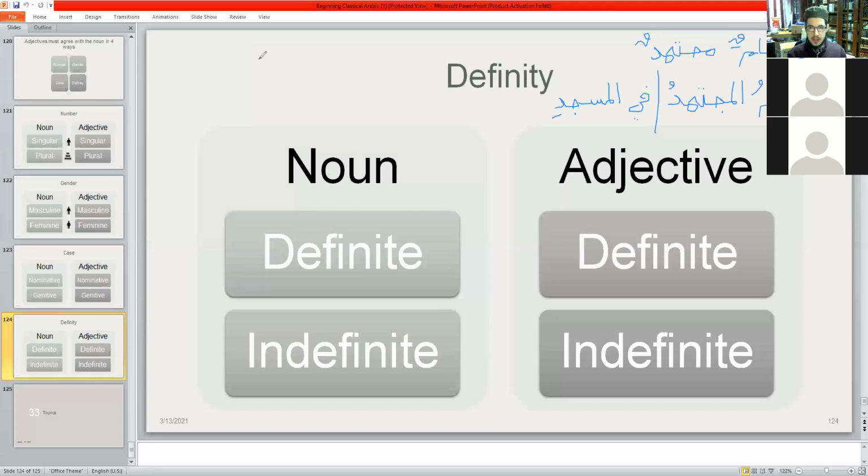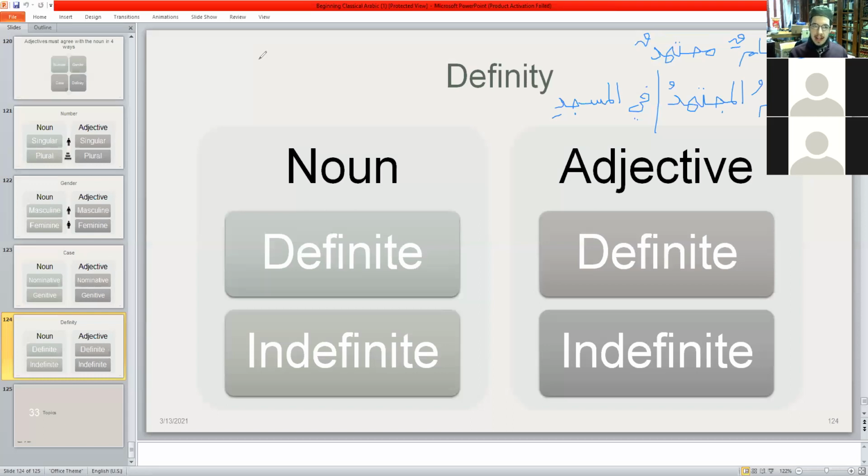As you've noticed, the order of sifa and mawsuf is flipped from English. It rather is more like the Romance languages, where we have the noun, the mawsuf, coming first and the sifa coming afterwards, right? So in English, we would say the black pen.